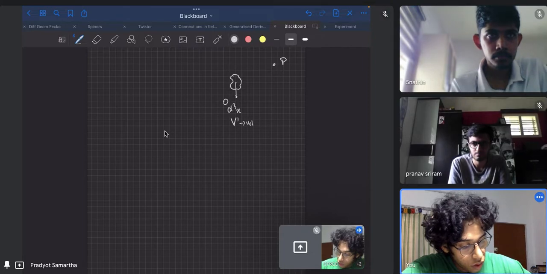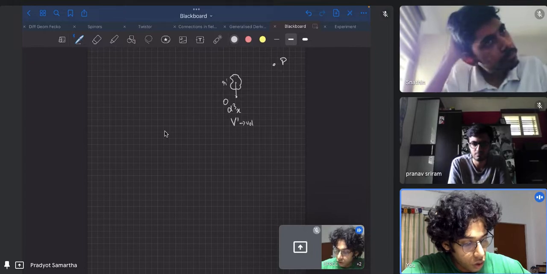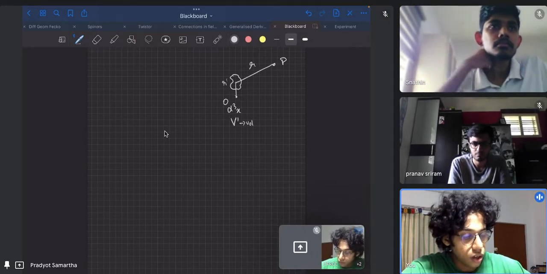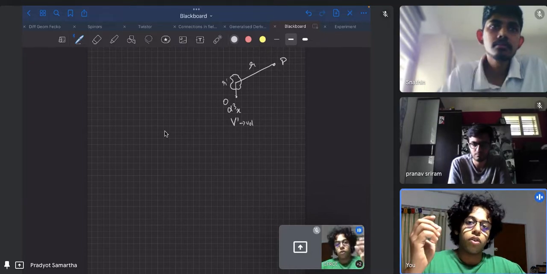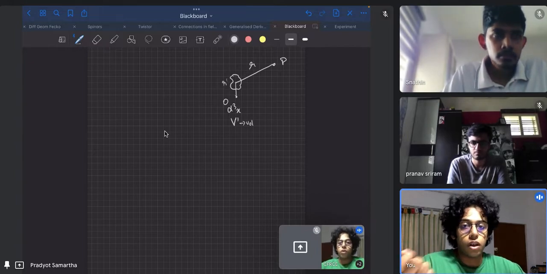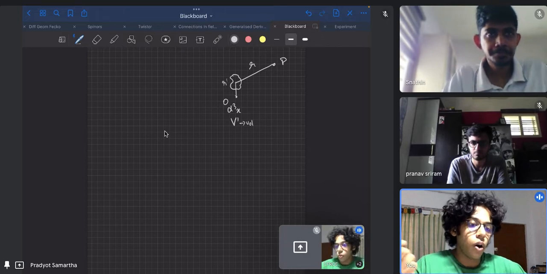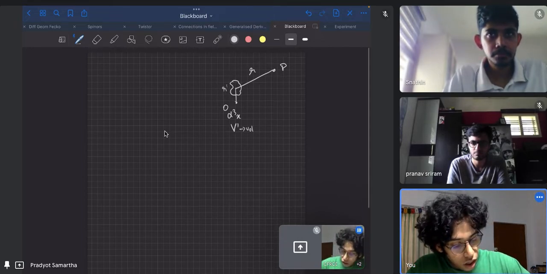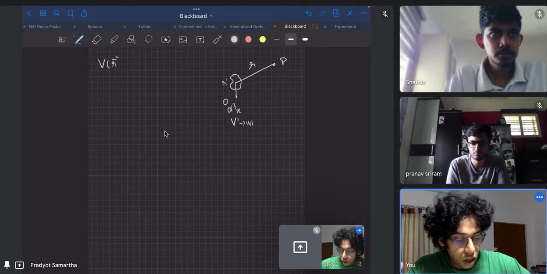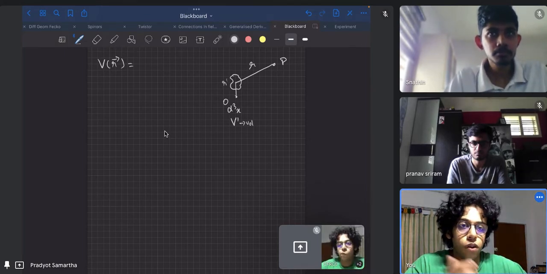Then you have this, which is your r. So the radius from the charge to the point where you're trying to measure your potential is r. Now how do you write the potential at r? Any takes?